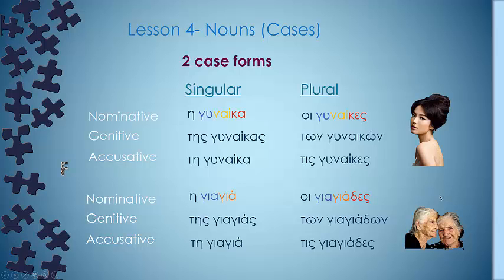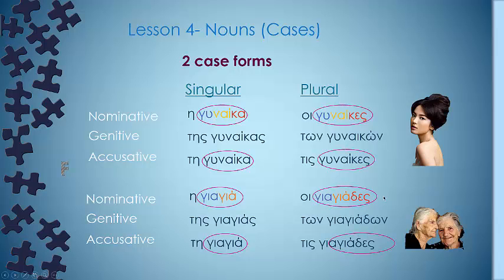Focus now on the nominative and accusative of our nouns. Now, in female, nominative and accusative are always identical, regardless of singular or plural. Okay? Remember that in male it is different.